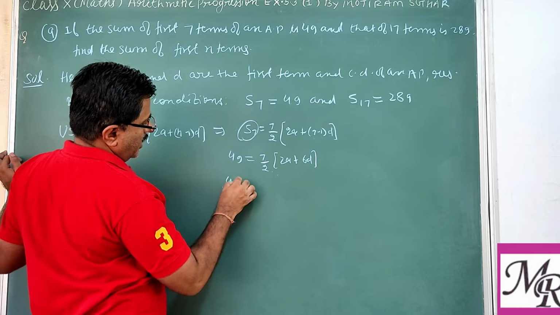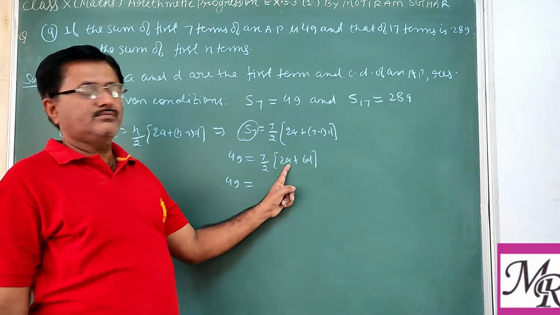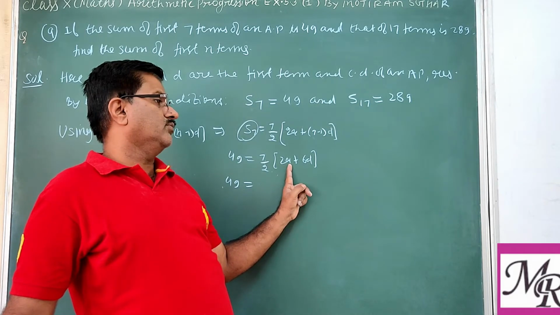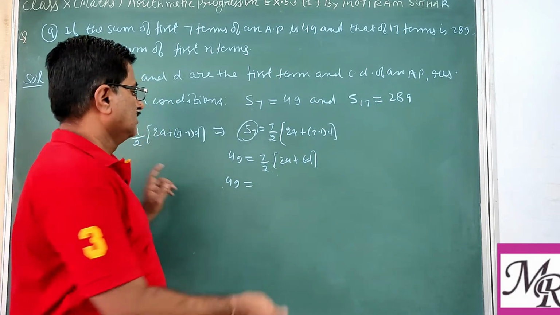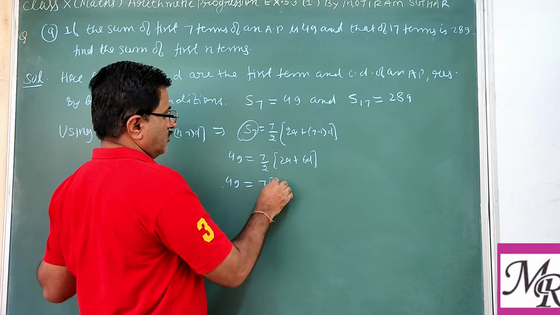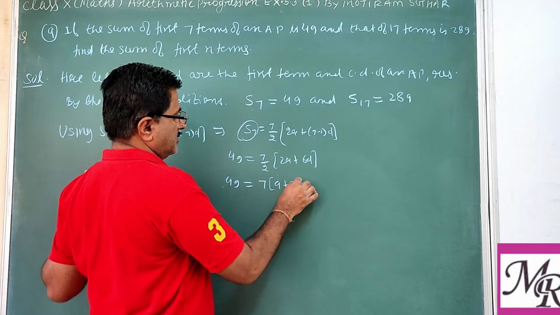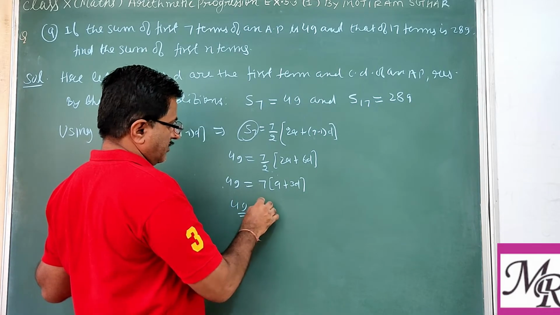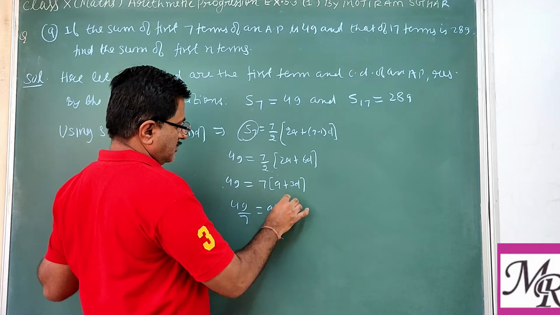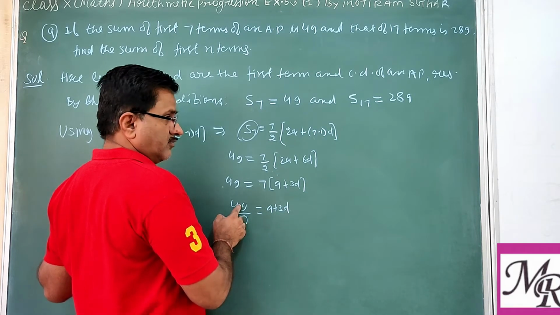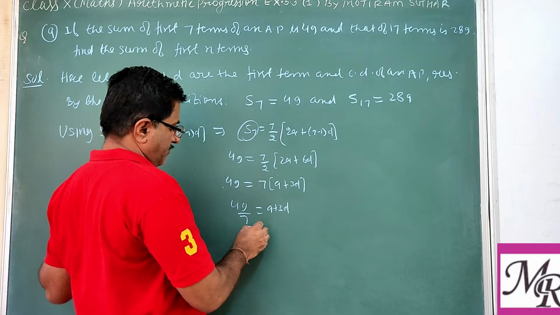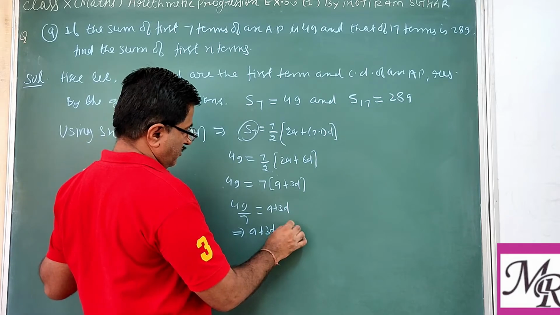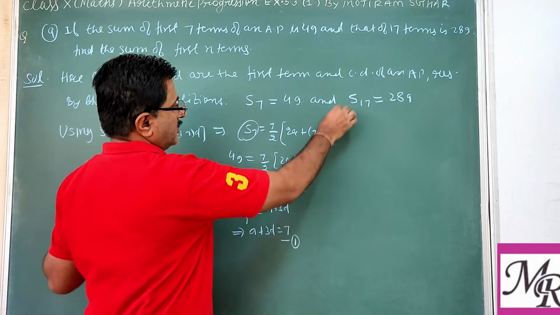So 49 equal to, now 2 divides both terms, 2 divides 2a and 2 also divides 6d. So we get 7 into a plus 3d. Now this 7 we transfer to this side, 49 by 7, a plus 3d. So 7 divides 49 seven times. So here we finally get a plus 3d equal to 7. This is equation number 1.